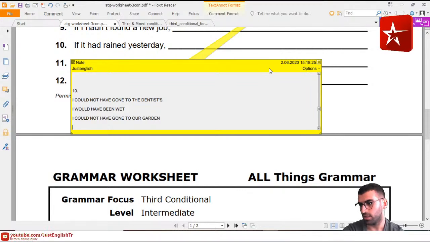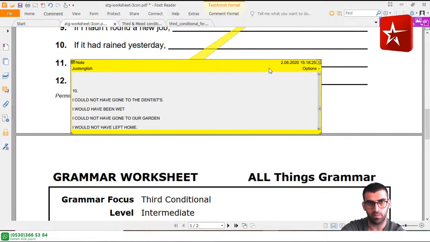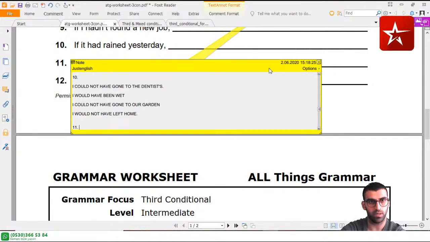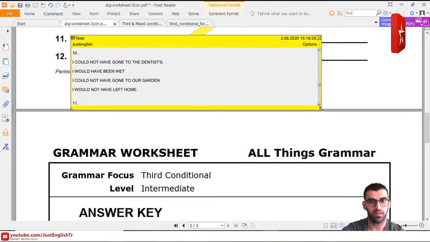That was the last answer that I got. Minerva wrote a comment: I wouldn't have left home. That is the perfect answer. Thank you, Minerva. And let's continue with 11.